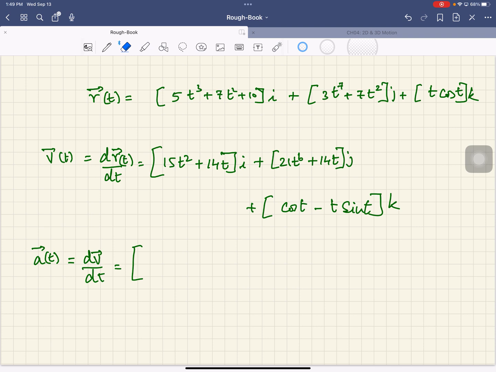E30t plus 14i. Keep going. Would be 126, 126t to the 5.